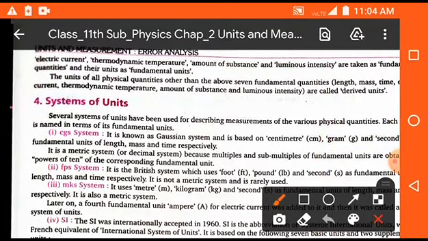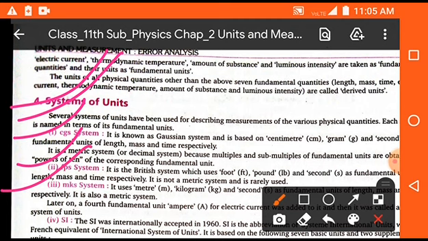Now students, we discuss the systems of units. There are four types of systems of units in physics. First is the CGS system. In the CGS system, we consider mass in gram, length in centimeter and time in second.